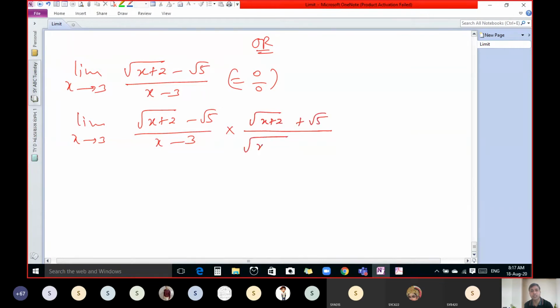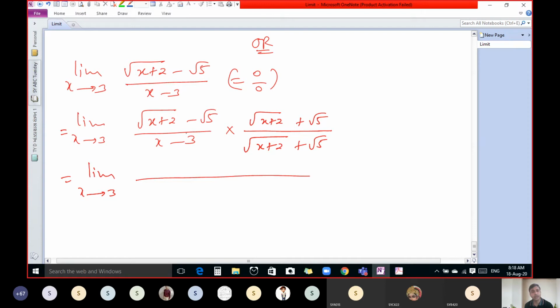So this is known as rationalization. For Gujarati medium students up to 12th standard, this is known in Gujarati as karni. And now see the numerator.